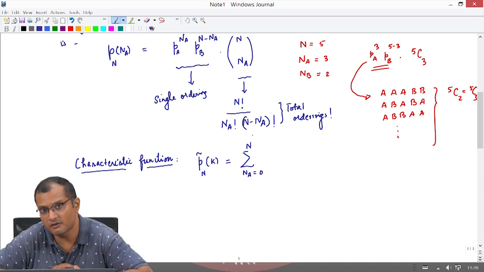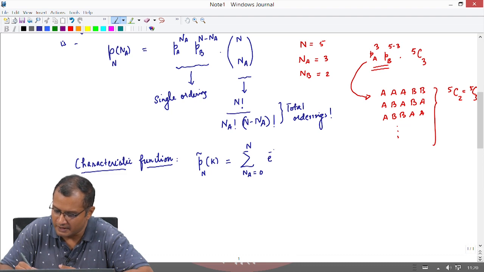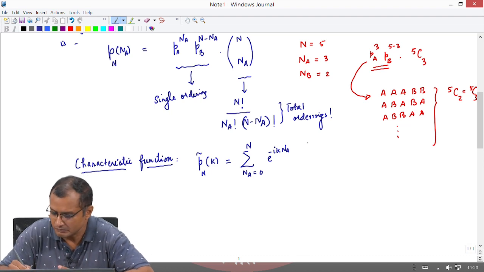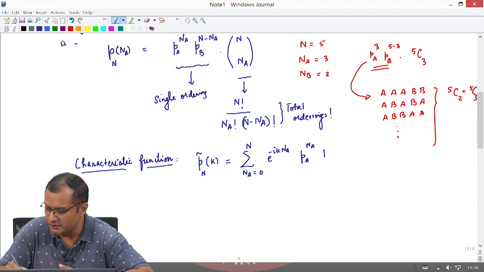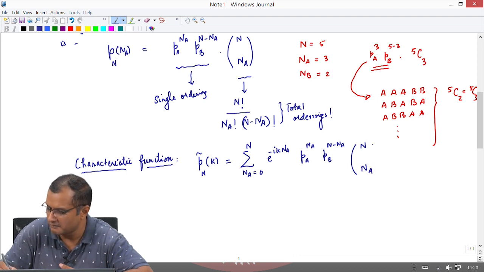So, n a will go from 0 to n, e to the power minus I k n a, because n a is my summand variable, times my binomial distribution, which is p of a to the power n a, p of b to the power n minus n a, into the combination n c n a.